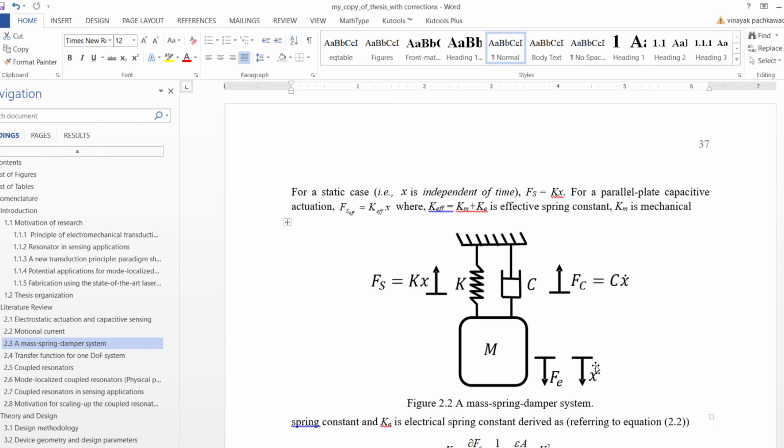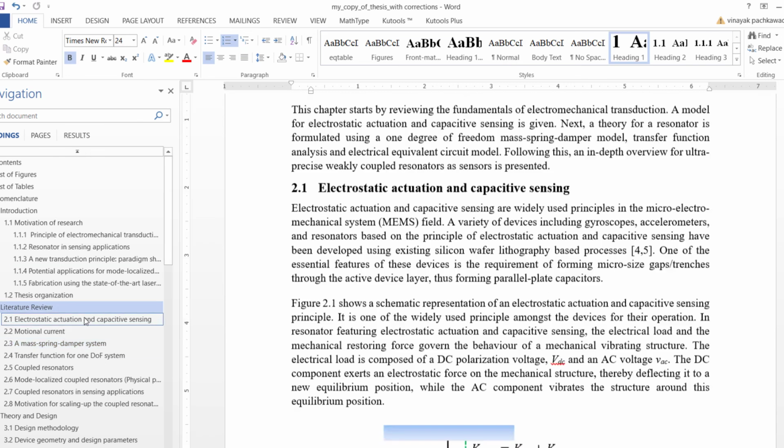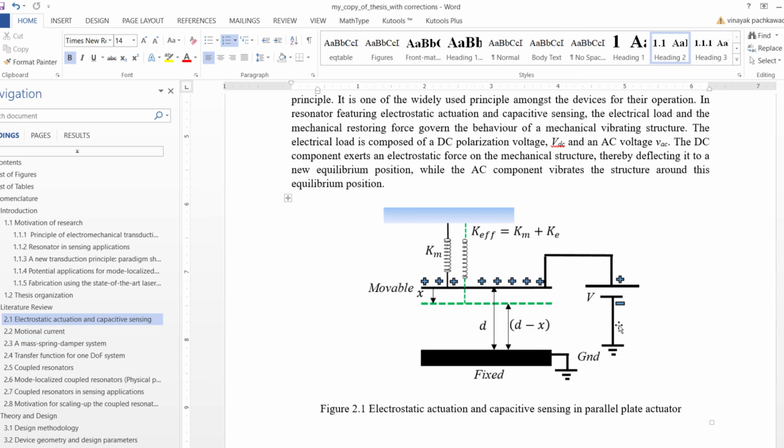It's just like you apply a DC voltage as shown in this figure. You don't have an AC, the combined electrical load is no longer AC plus DC. We only have a DC component over here, so it will just displace this top plate by distance x. So that's it. It's a static case where x is not dependent on time.